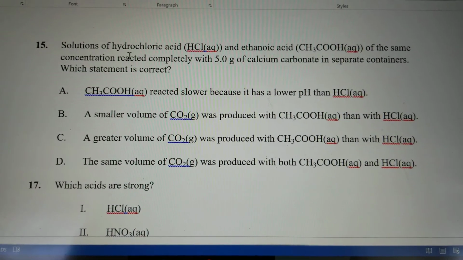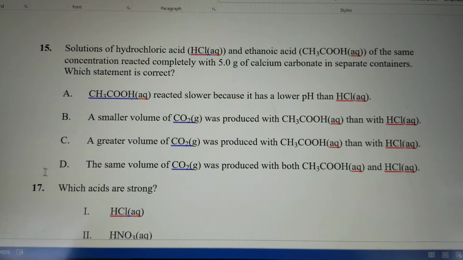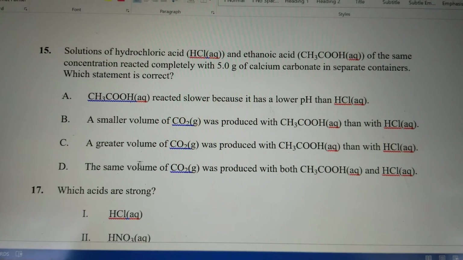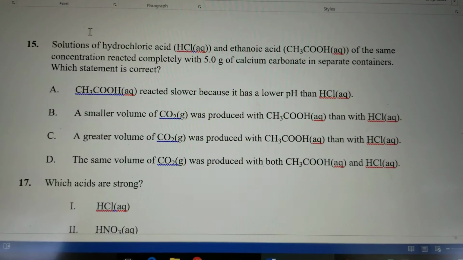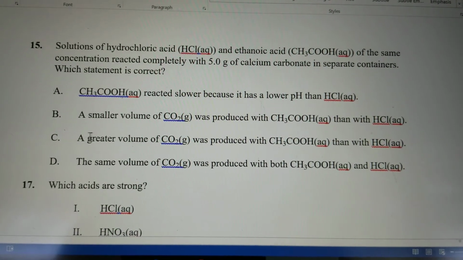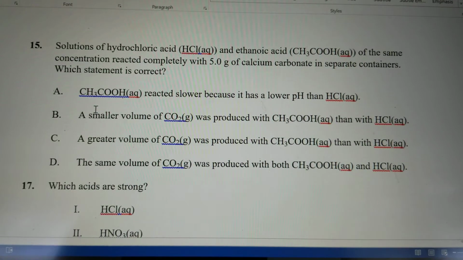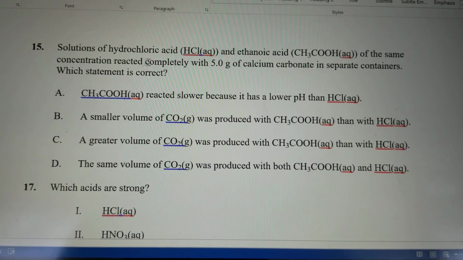The fact that it says they both reacted completely means that the answer is letter D. The same volume of carbon dioxide was produced with both acids, because they both reacted completely. So there's not going to be more or less volume produced. It's going to be the same amount because the reaction reaches completion.